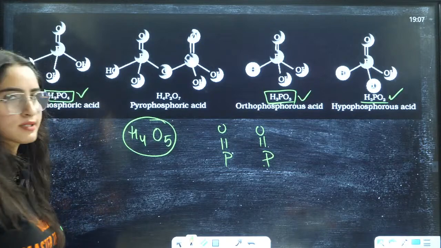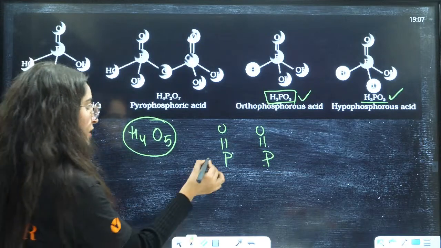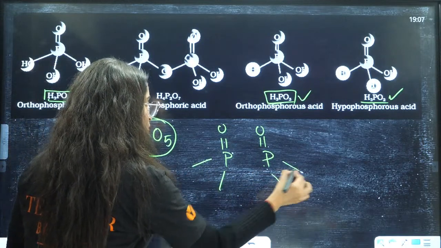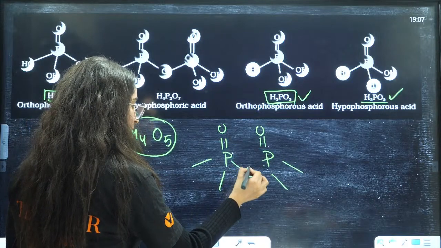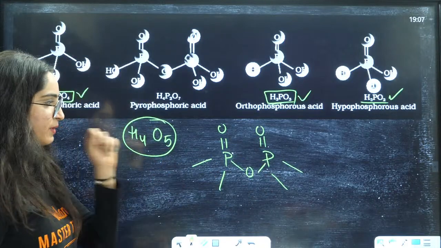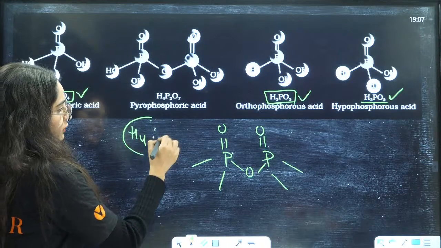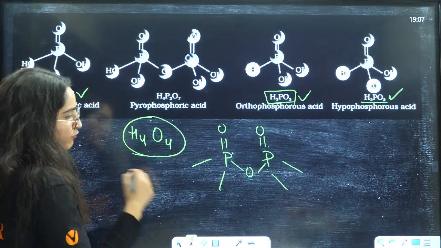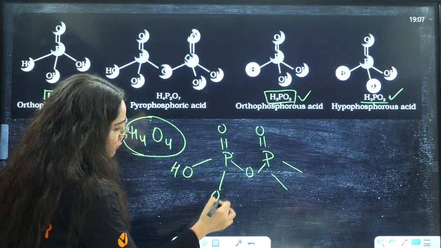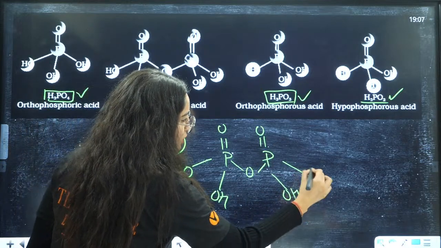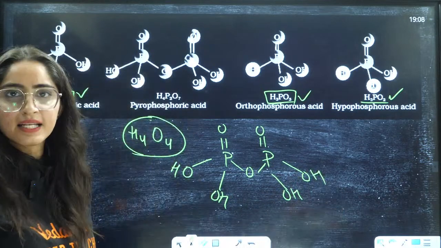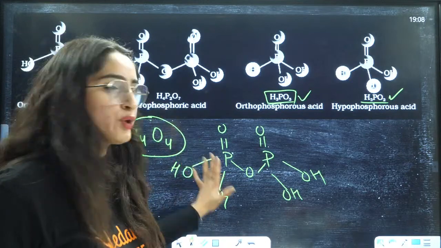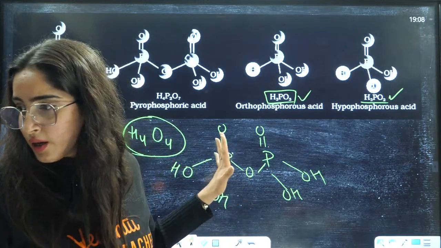Now here it will have 2, and there will be 1 bridge here. That bridge will be of oxygen. So now you are left with 4 oxygens and 4 hydrogens. That is why 1 OH here, 1 OH here, 1 OH here, 1 OH here. This is how you draw the oxoacids. Okay, guys?